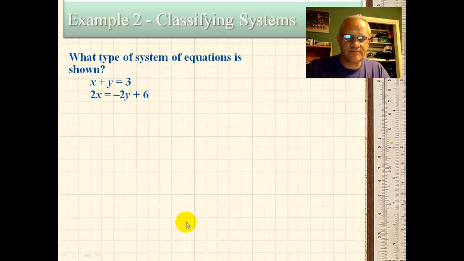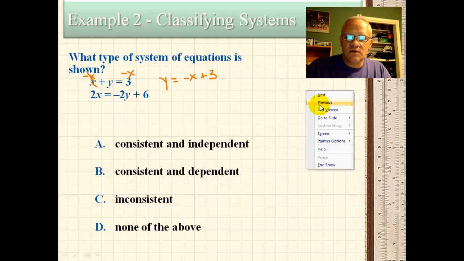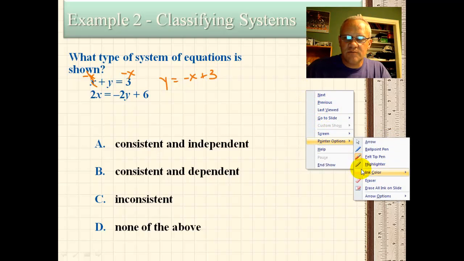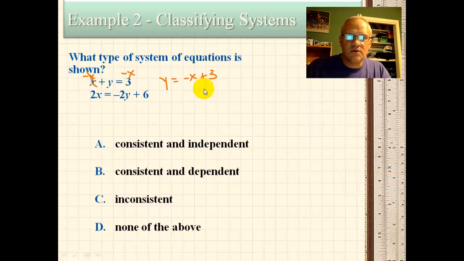Let's look at the next one. All right, y equals mx plus b. Minus x. So y equals negative x plus 3. And then when we change this here, I'm running out of different colors. I don't think yellow is going to be good.